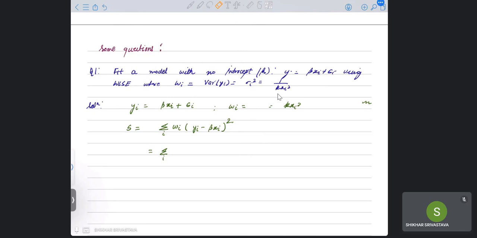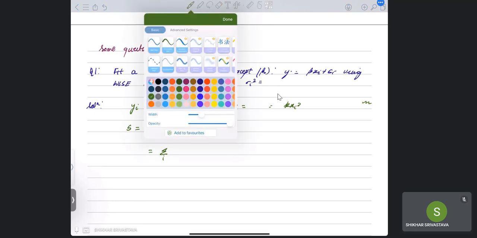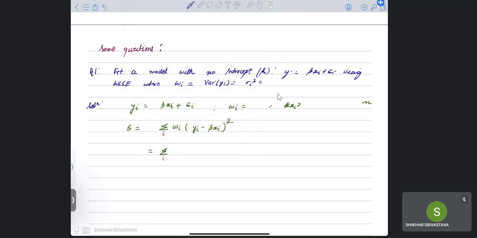I was right the first time. Sometimes you just get confused by notations. There's no point in getting confused, but it can happen. So the variance is k xi square.